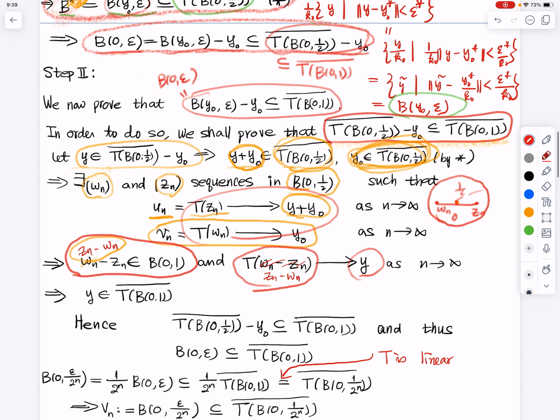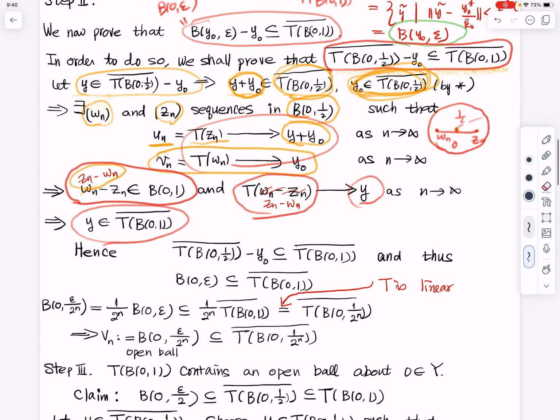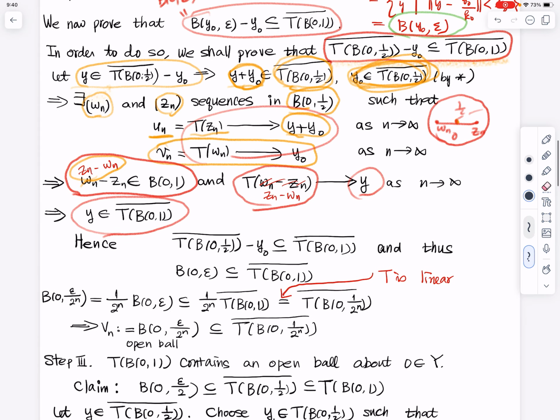So that implies y belongs to the closure of T(B(0,1)). That's exactly from the previous line, and that's what we are done.